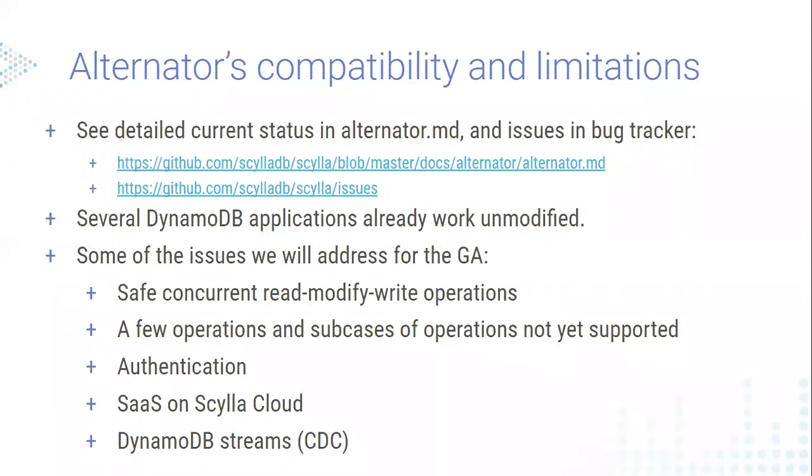We don't yet support this syntax of global table, but what currently happens is that all the tables are basically global, because in Scylla, if you don't do something special, all the tables will be global.